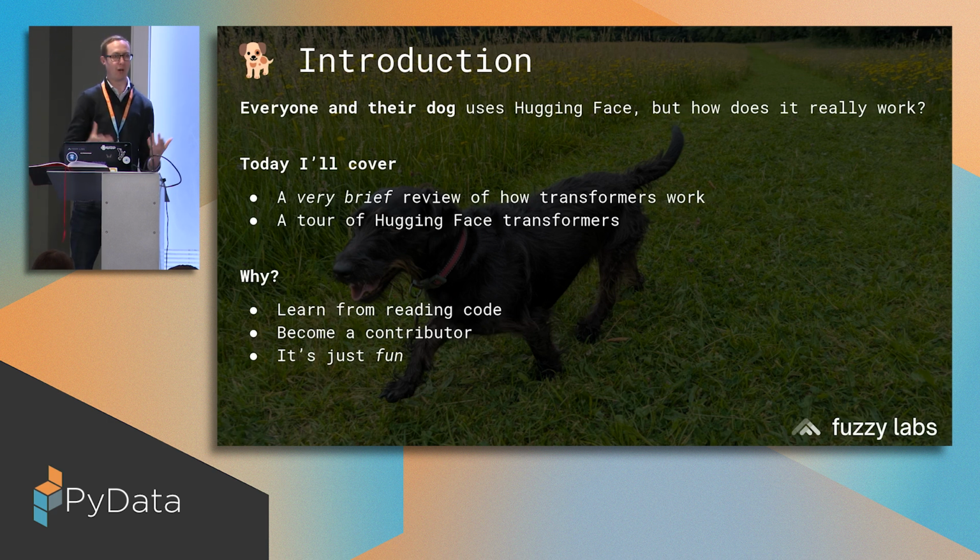Why would you want to do that? Why would you care? Well, a few reasons I can think of. Firstly, that personally I'm a big advocate of learning from code. So we can become better engineers and we can learn about how to structure large libraries and manage large projects by reading code by people who have done that before. And the HuggingFace Transformers library is an enormous open source effort by a very large number of people.